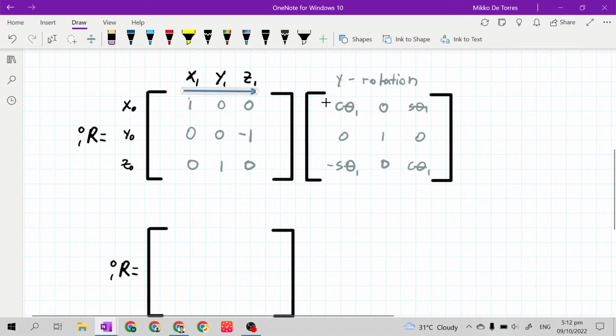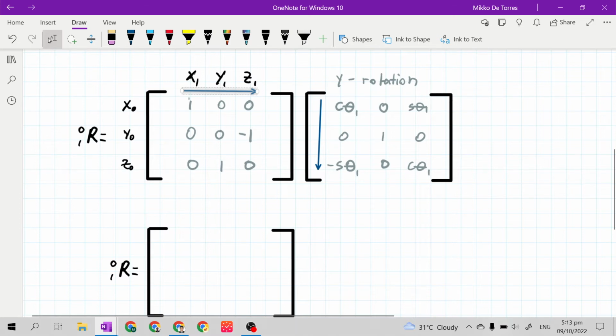So the first element of our 3 by 3 matrix here will come from the elements of row 1 multiplied to the elements of column 1 of the second rotation matrix.